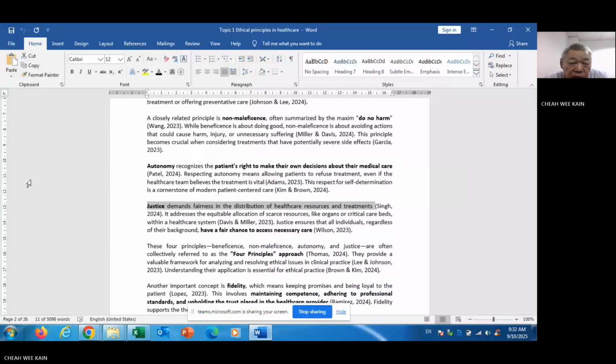For example, 5 persons need a very urgent kidney transplant, but we have only one organ available. How do we select out of 5 which one receives the organ? Another very common situation is where the hospital only has maybe 5 operating theaters. Only 5 operating tables.